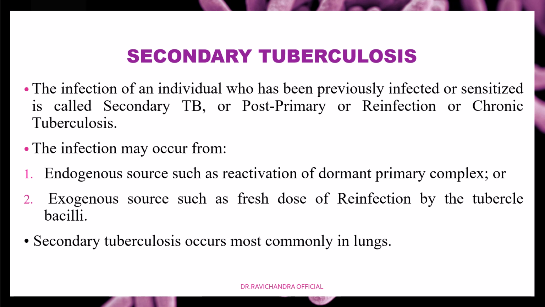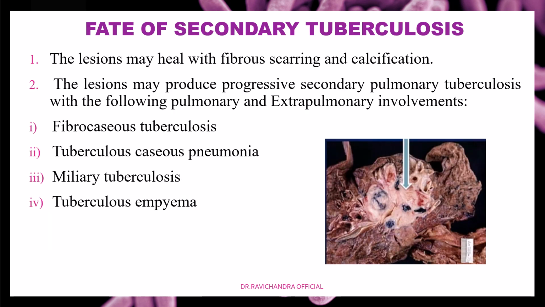Secondary tuberculosis occurs most commonly in the lungs. Coming to the fate of secondary tuberculosis, the lesions may heal with fibrous scarring and calcification, or may produce progressive secondary pulmonary tuberculosis with pulmonary and extrapulmonary involvement. It can cause fibrocaseous tuberculosis, tuberculous caseous pneumonia, miliary tuberculosis or tuberculous empyema, which is shown in the picture.